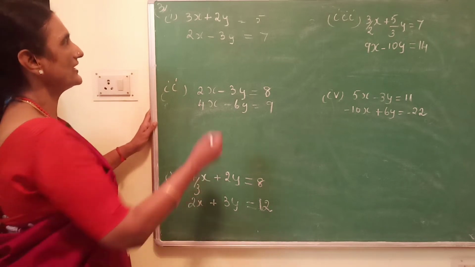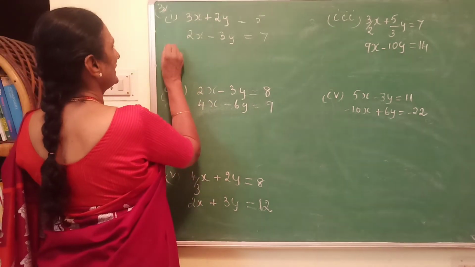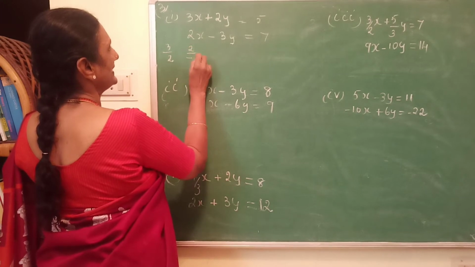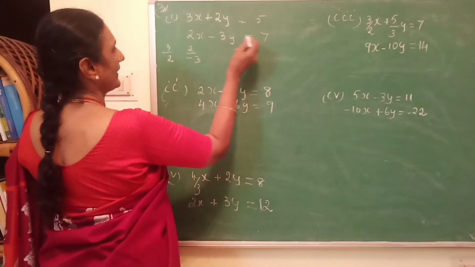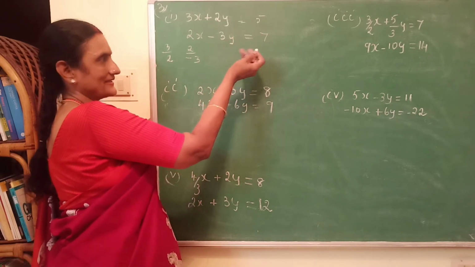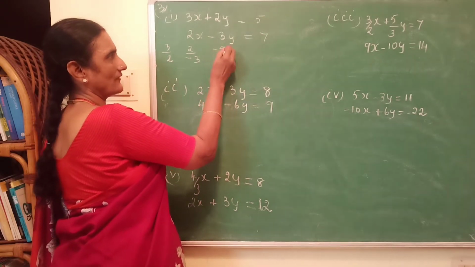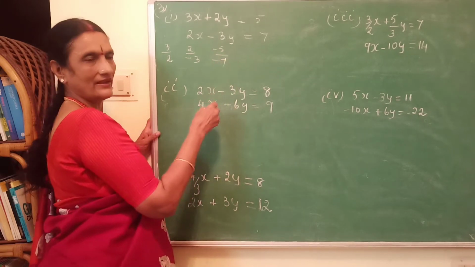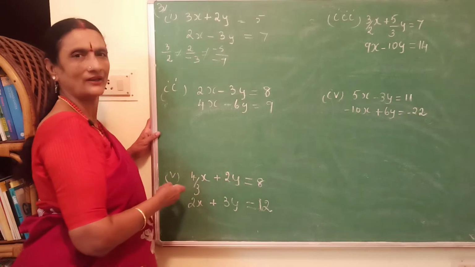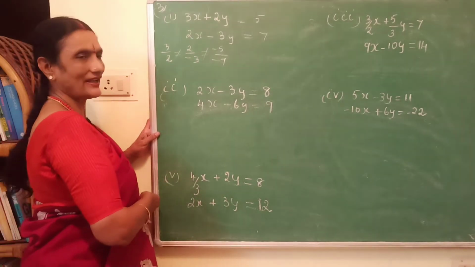For the first equation, we will get 3 by 2, and then here it is 2 by minus 3, and for the third, the 5 and 7 have to be transposed, so we have to write it as minus 5 by minus 7. If you do so, we know that none of these ratios are equal to the other ratio. They are all distinct.